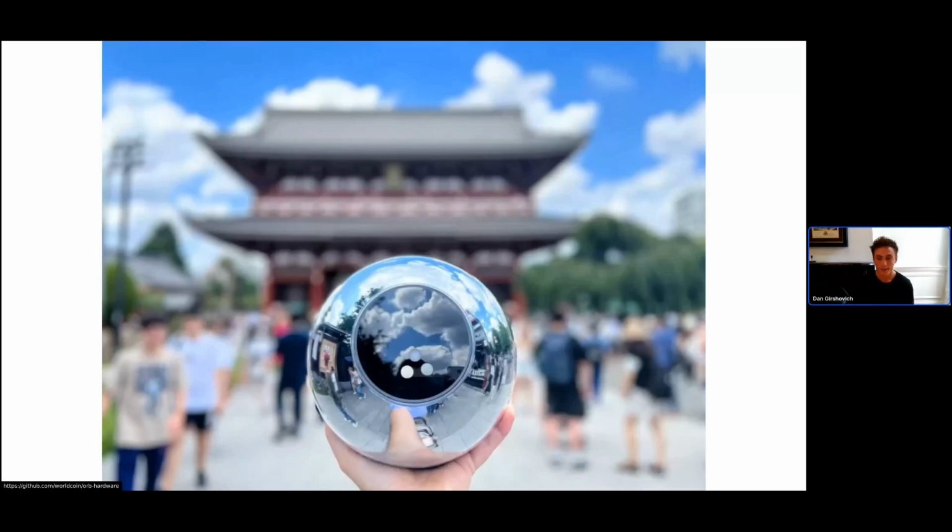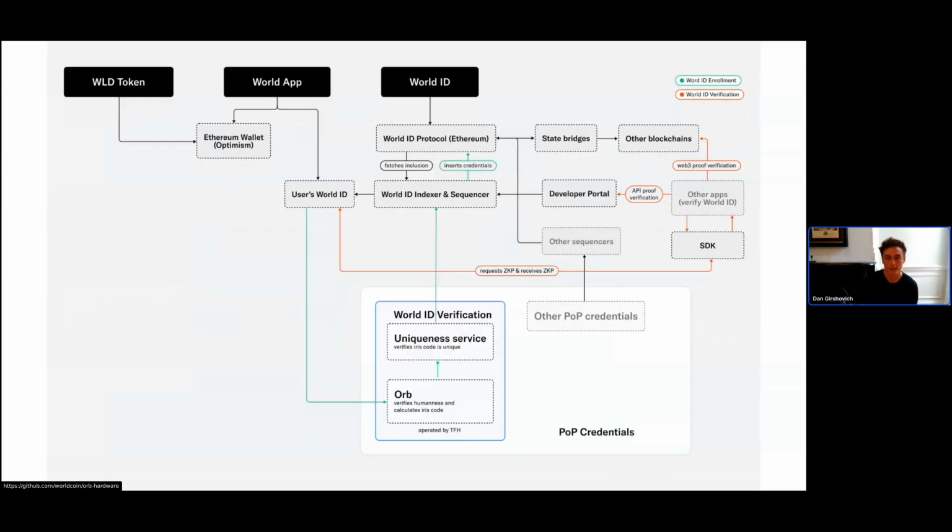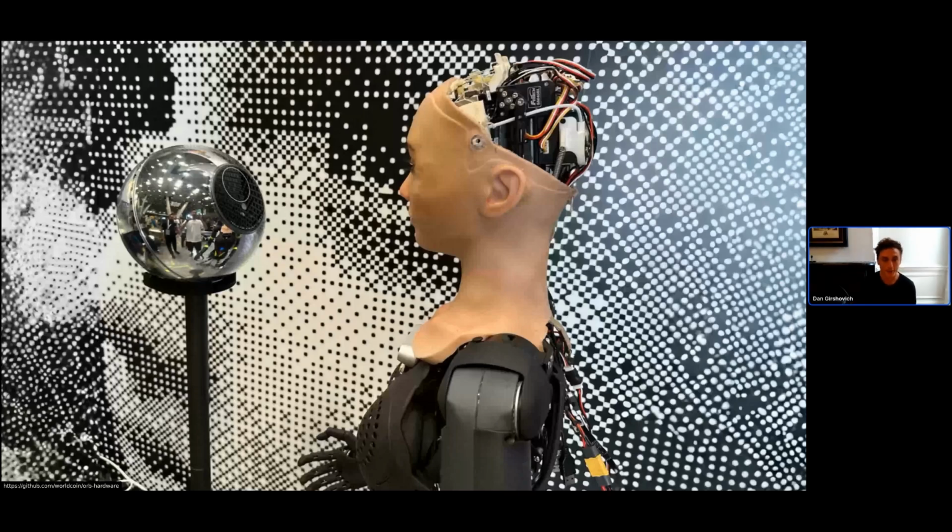Okay, so first, what is the Orb? It's the most secure verification device for a World ID as part of the Worldcoin protocol. Again, DC went into all the details. The very high level is that it provides a credential that can be used to prove, if somebody uses this protocol, they know you're not a robot and you're not a dog.